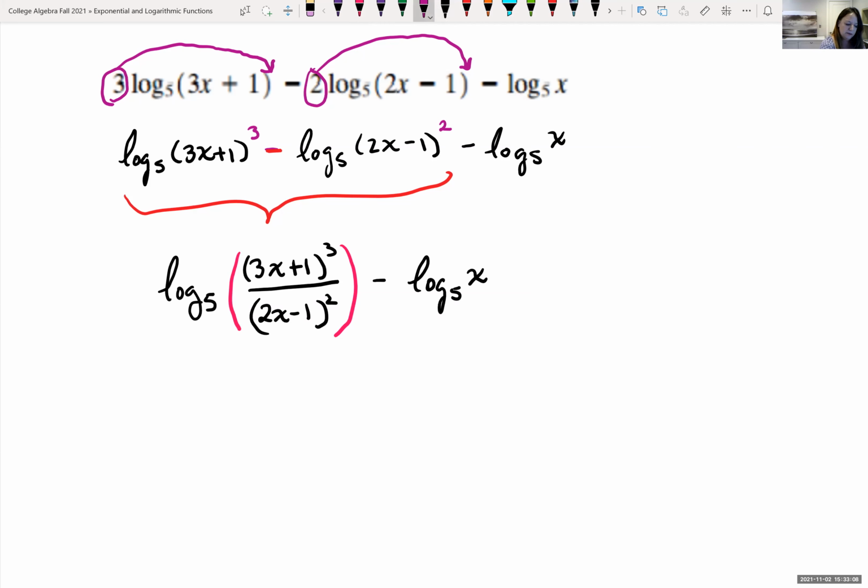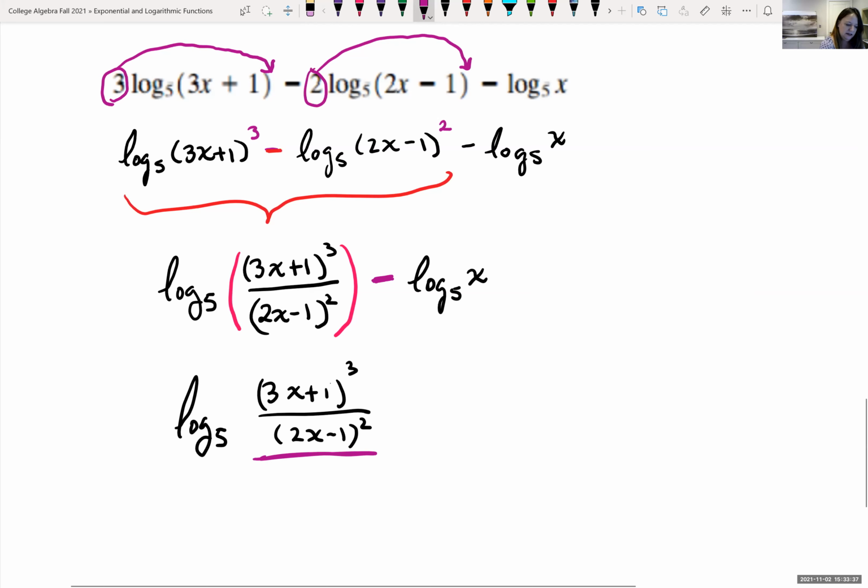Okay, so again, minus tells us division. So this is going to give me a complex fraction, a fraction within a fraction. So this gives me log base 5 of 3x plus 1 quantity cubed all over 2x minus 1 quantity squared, all divided by x. Well, let's think of that x as x over 1, so we can invert and multiply.